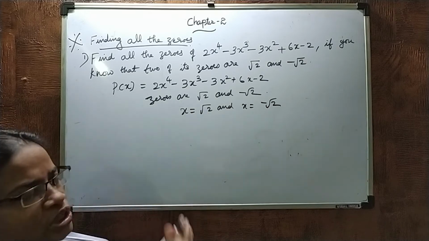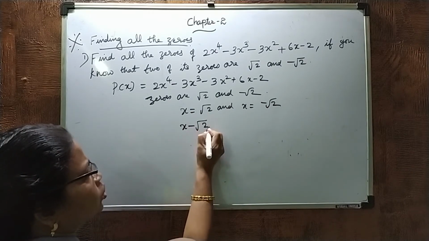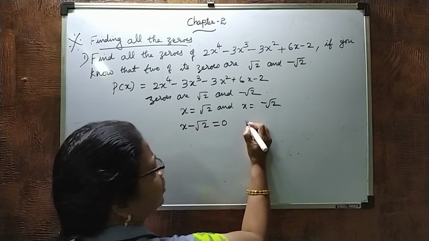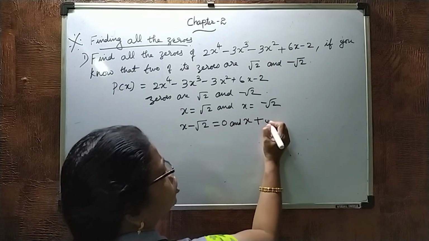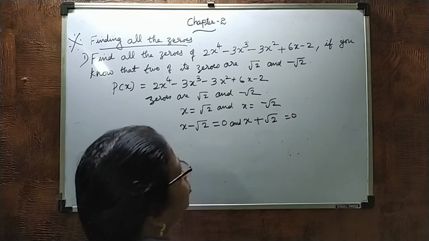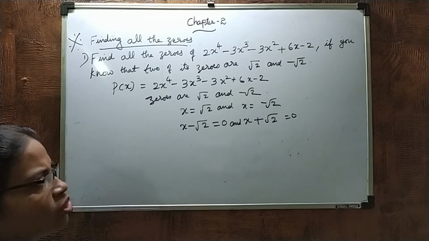Now take this root 2 to this side. So it will be x minus root 2 equal to 0. And here, x plus root 2, minus root 2 coming to here, it will be plus root 2 equal to 0. Now x minus root 2 is equal to 0 and x plus root 2 is equal to 0.